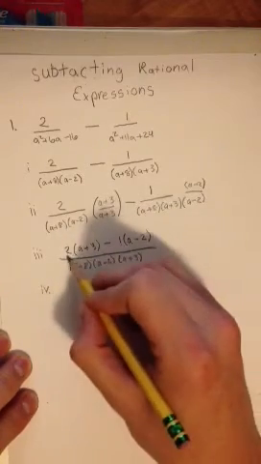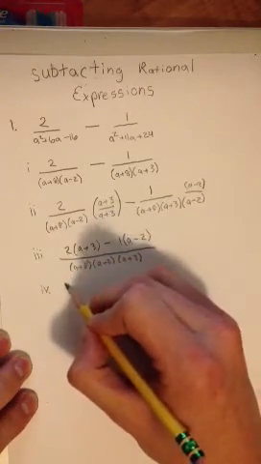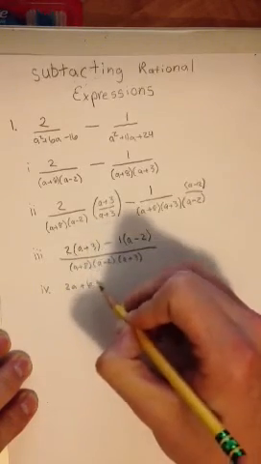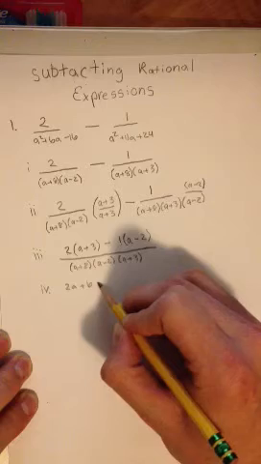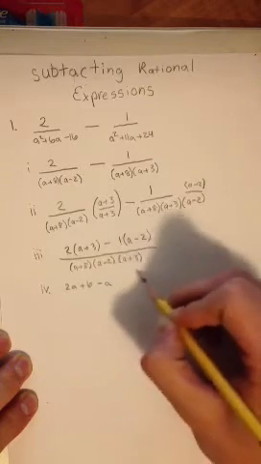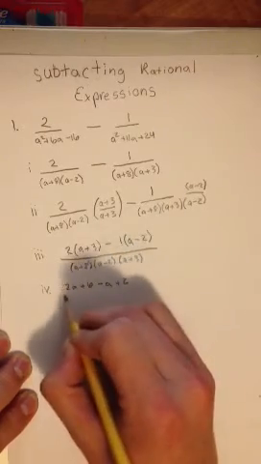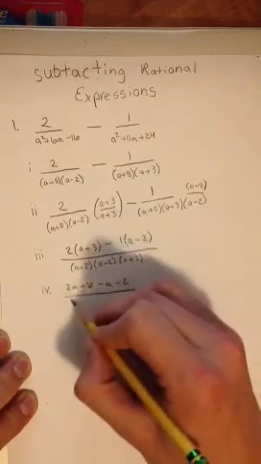So now 2 times a is 2a. 2 times 3 is 6. Negative 1 times a is negative a, and negative 1 times negative 2 is 2. And we're going to put it all over our lowest common denominator.